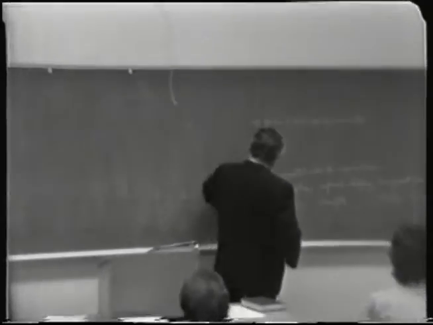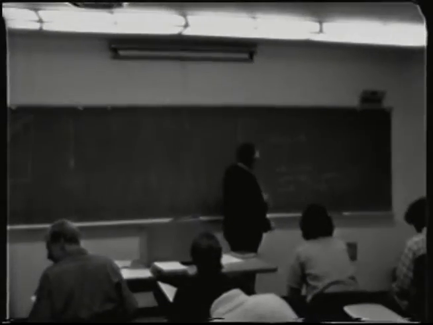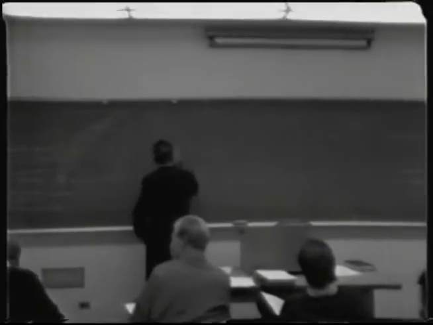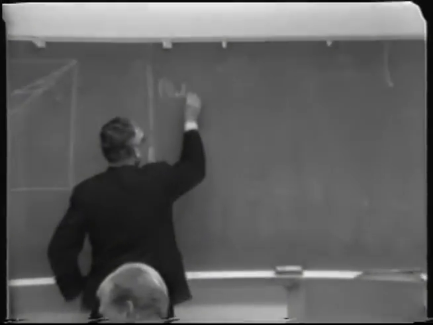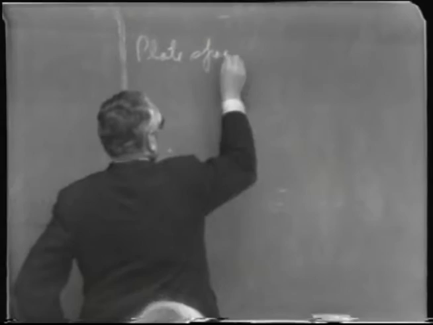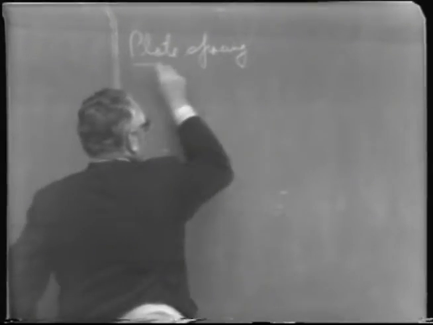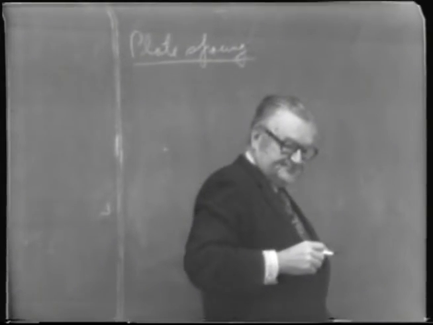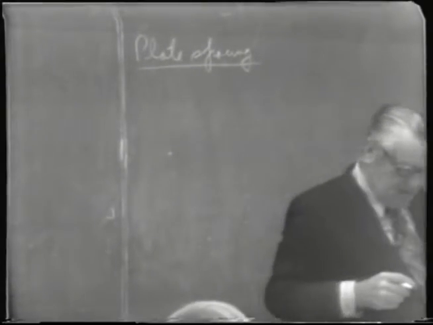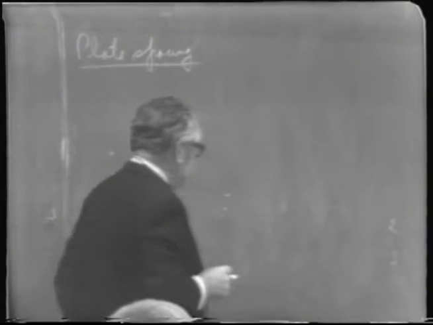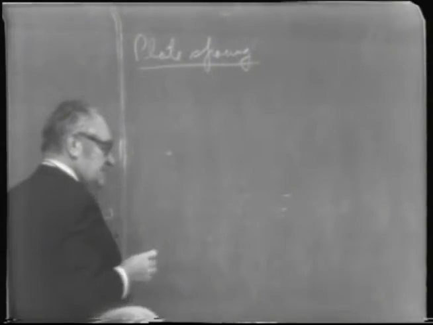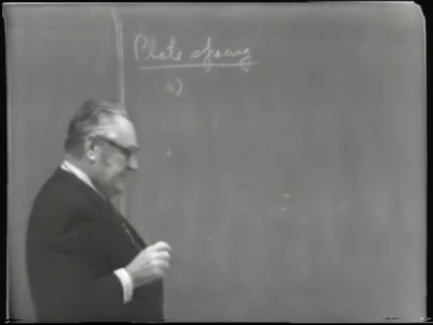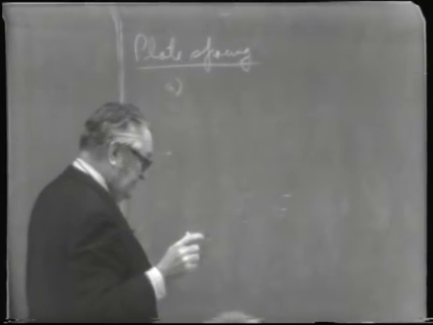Engineers go into considerable empirical type treatments in order to determine this. But anyway, plate spacing is determined by, or has to be arrived at by taking two parameters into consideration.